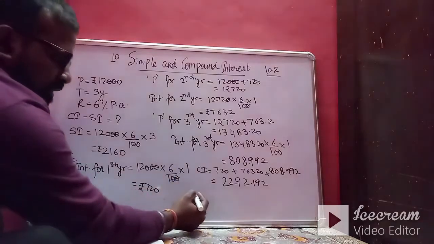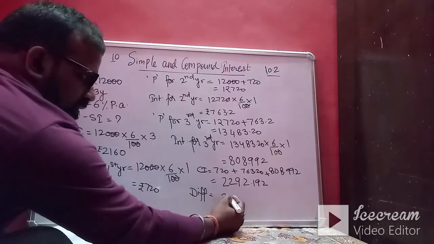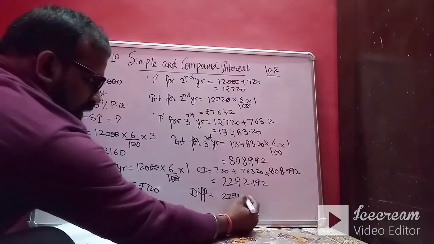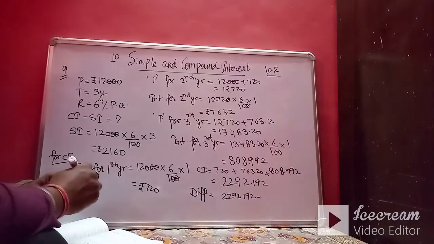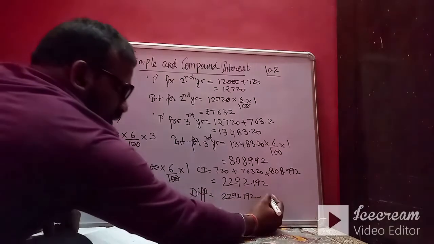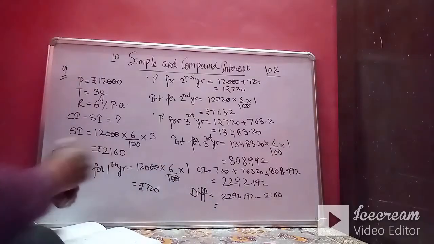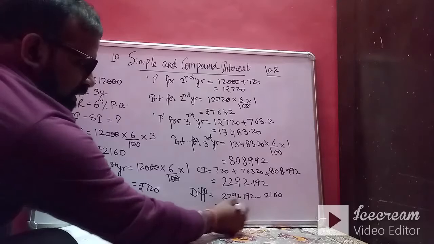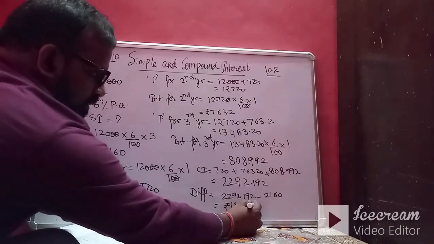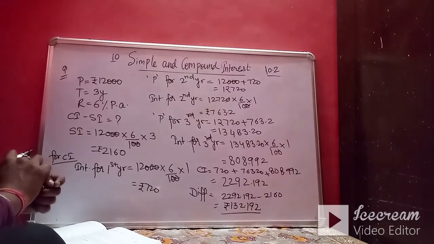So next we have to calculate the difference. So what will be the difference? 2292.192 minus 2160. Okay, so what will be our difference? Rupees 132.192. So this will be the difference.